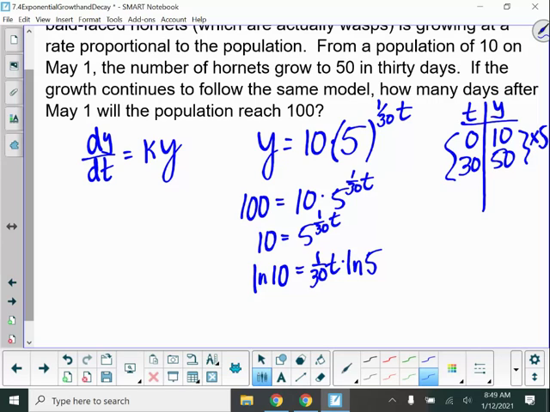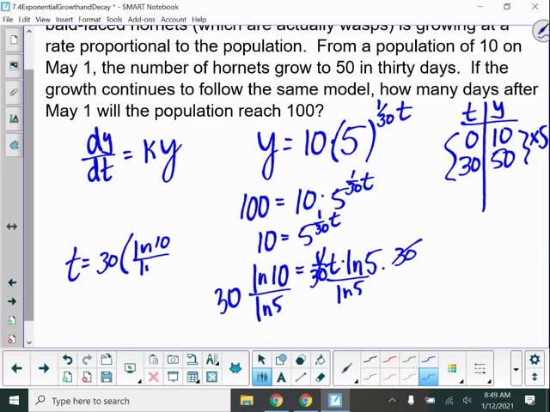To actually solve, I'm going to divide by natural log 5, and then multiply by 30. That's going to get rid of the fraction. So your t value is 30 times natural log 10 divided by natural log 5, which doesn't do us a whole lot of good in this case.